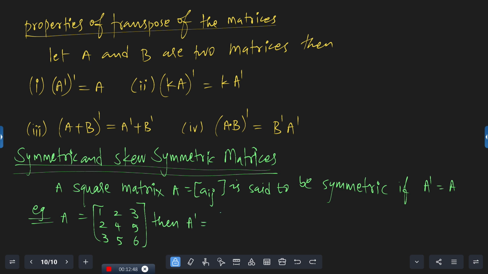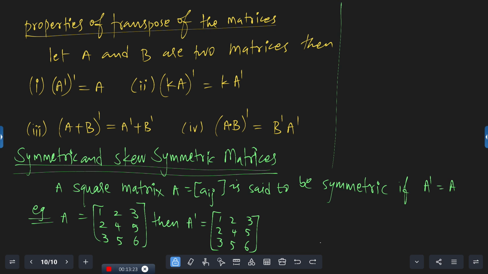A dash: first row 1, 2, 3 you write as a column; second row 2, 4, 5 you write as a column; third row 3, 5, 6 you write as the third column. You can note down that it is the same matrix. Am I right? So this one we can say is symmetric. For skew symmetric, you will get the negative. Skew symmetric I will write here.